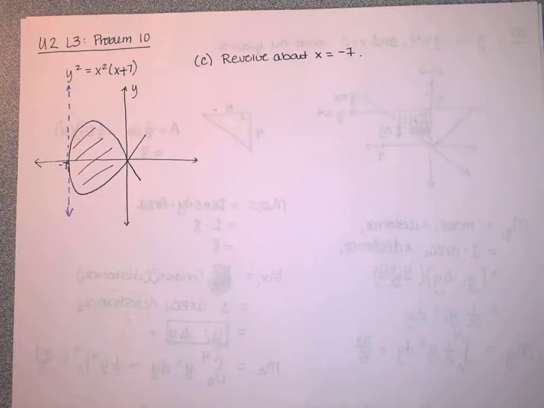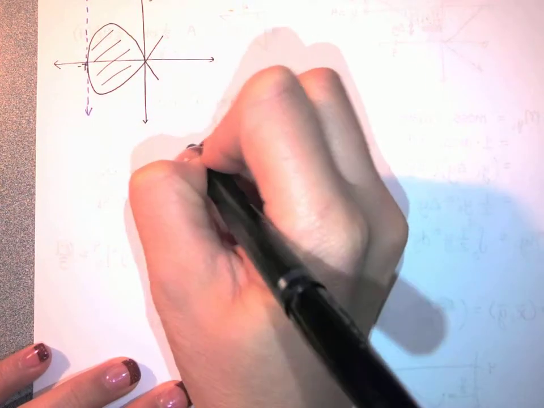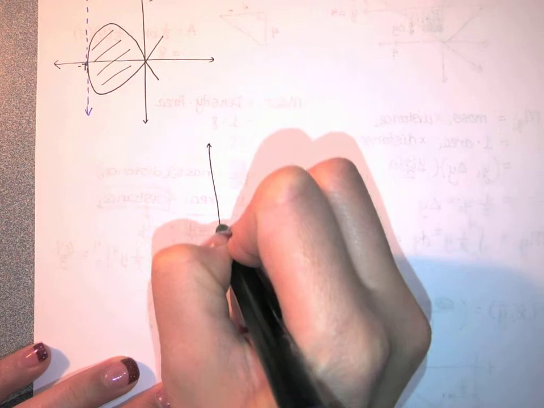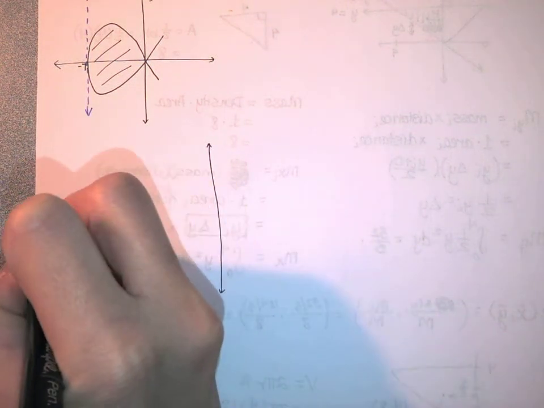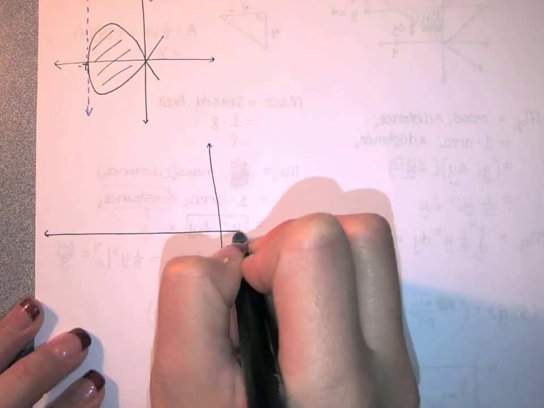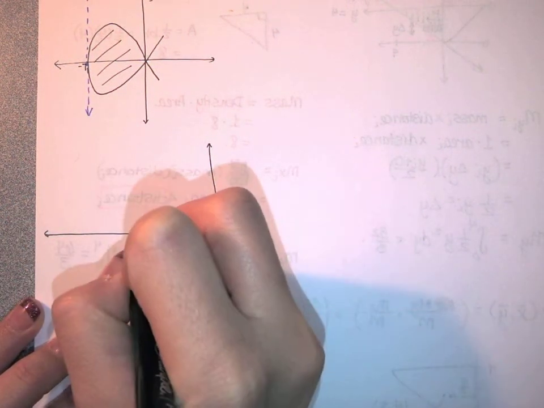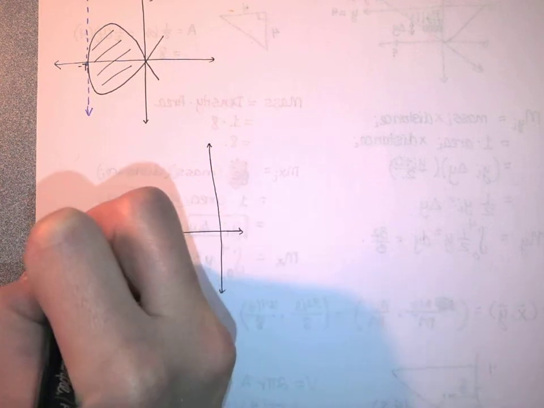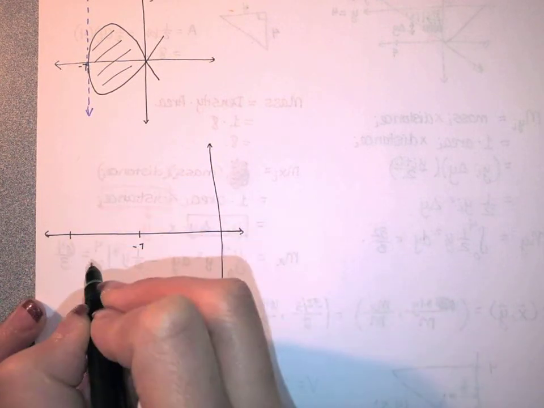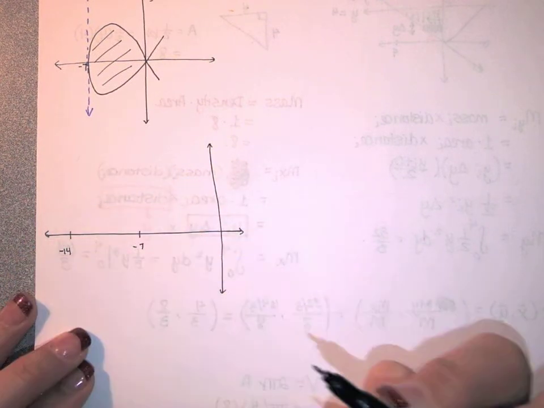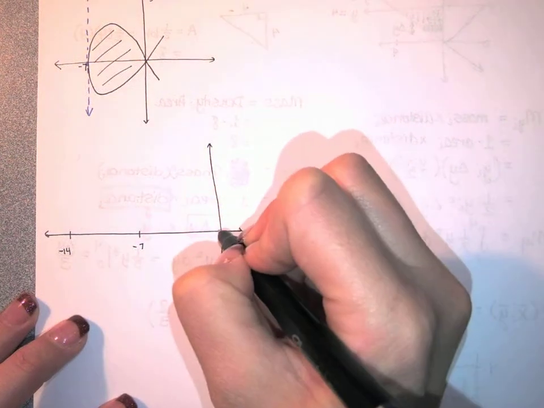So I'm going to draw this over again, down here with just a little bit more space. So I'm going to say that that's x equals negative 7, and then for symmetry this should be x equals negative 14. And what we're going to see is this loop.